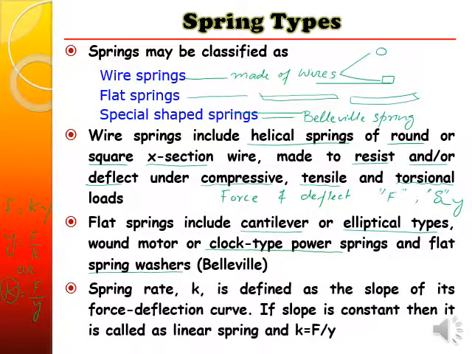This K in physics you studied and you called it stiffness. In case of a spring, we call it the spring rate. So the spring rate is K, and it is the slope of its force deflection curve. If the slope is constant, then we call it a linear spring. And you can see this is the same equation which I have written over here.